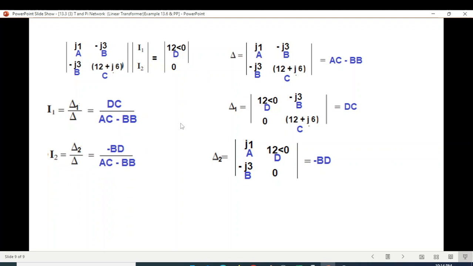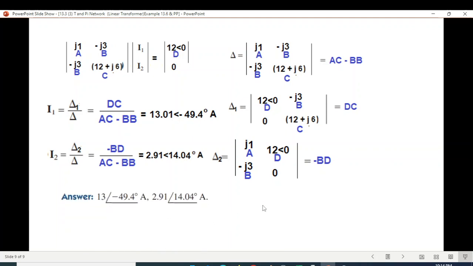And as we have shown in the previous example, use your calculator in the complex mode and calculate. First of all, you assign these values and then calculate. So the current I1 is 13.01, this angle, and I2 is this. So it's the same that we got by the substitution method. So this was the answer.